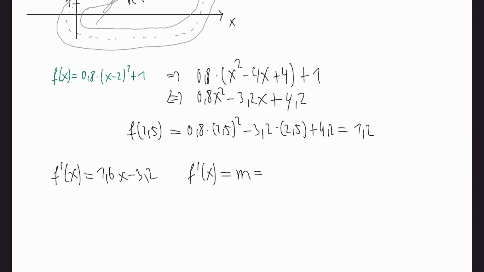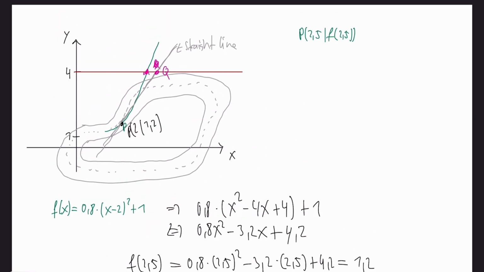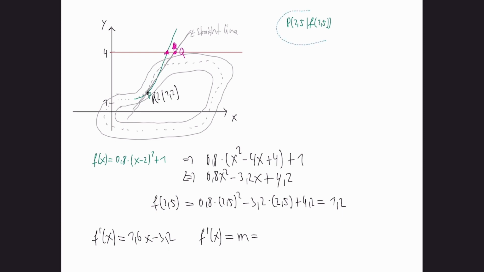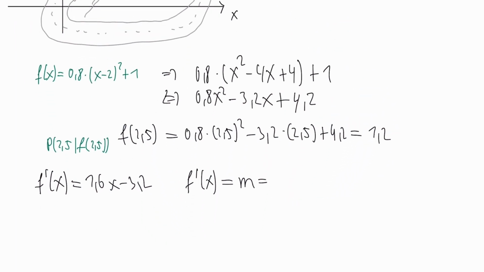I call it m, so f prime of x is equal to the gradient, and we're gonna search for this. So at the end, the gradient is 0.8.